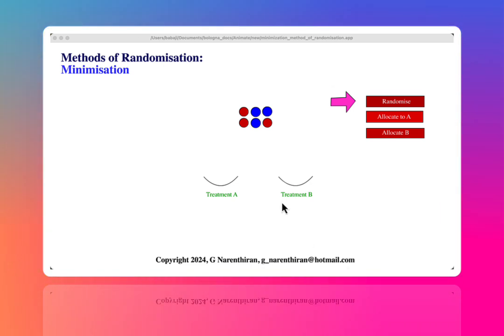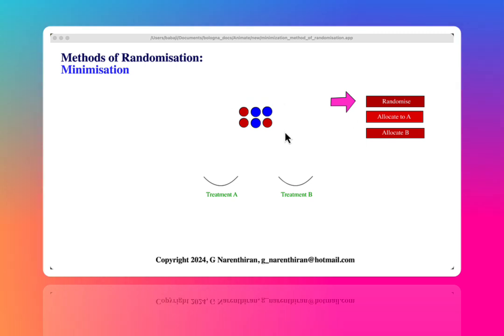The aim of minimization is to ensure that patients are randomized to control and to the test groups in a random way, but also that their risk factors are balanced in each group.